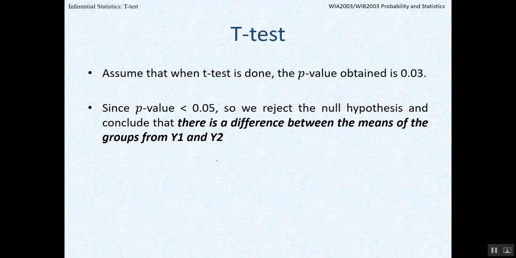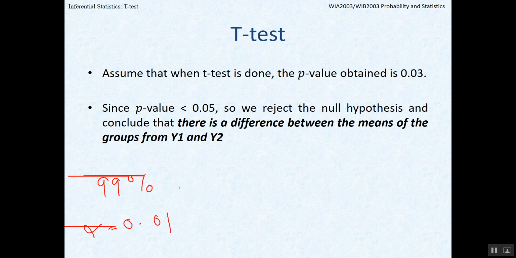So just say I choose my confidence level as 99%. Do I get the same result? If I put 99%, my alpha value now is 0.01.